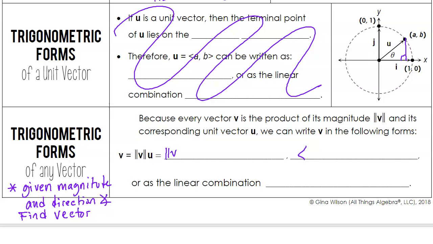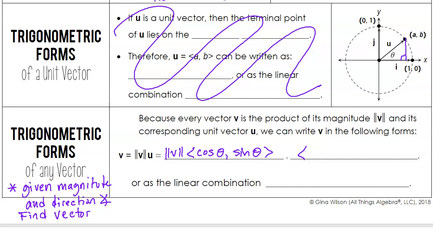You take the magnitude, and what you're actually doing is multiplying by the unit vector in terms of cosine and sine. So the unit vector in terms of cosine and sine is cosine theta, comma, sine theta. And then you just distribute the magnitude.